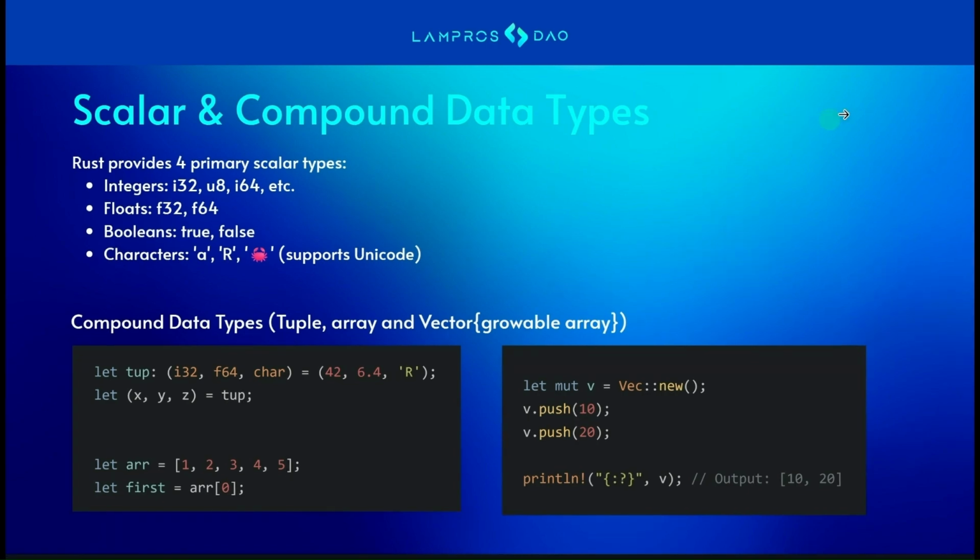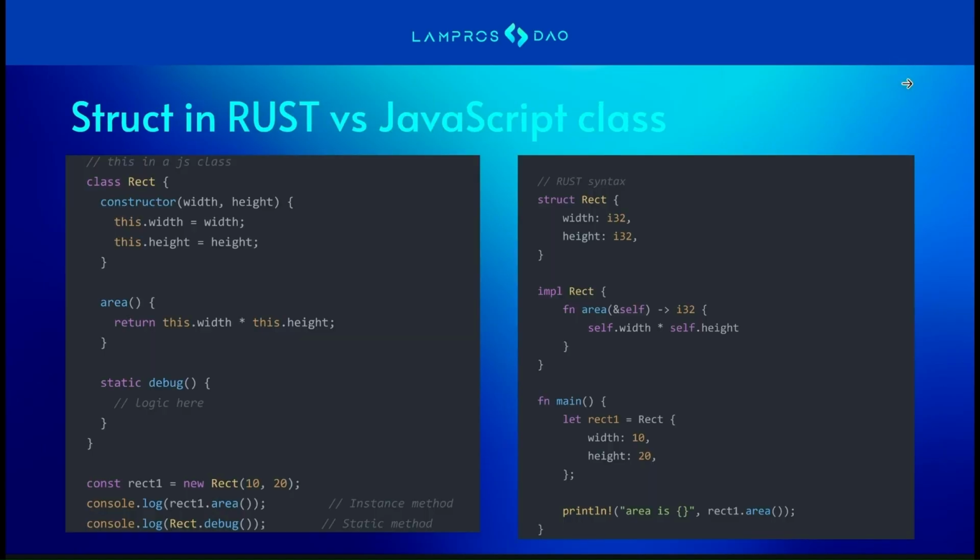Okay, so moving forward, struct in Rust versus JavaScript class. Basically we have the this keyword in JavaScript, and in the same way we have the self keyword in Rust. Let me explain both. This is the JavaScript code where I have declared one class called Rectangle. This is the constructor to set the width and height of that rectangle using the this keyword, and this is the area method for the Rectangle class, which calculates the area by multiplying the width and height.